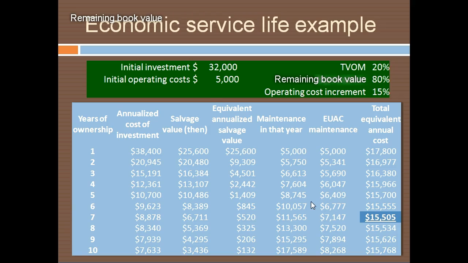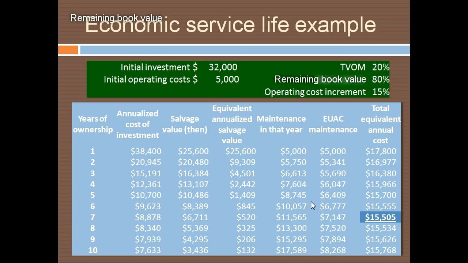So let's consider what happens in the first year. In the first year, $32,000, if we put that money in the bank at 20% time value of money, we would receive $38,400. So for the first year, to invest this quantity is after 1 year equivalent for us to spend $38,400.